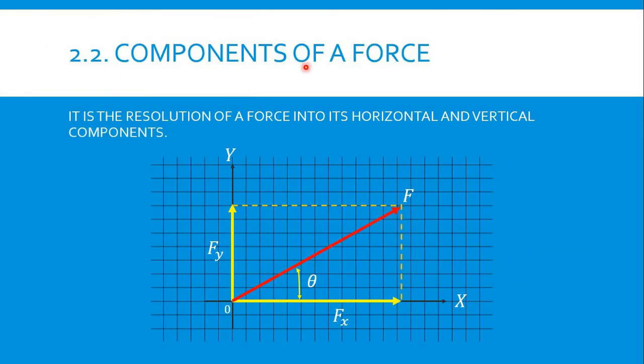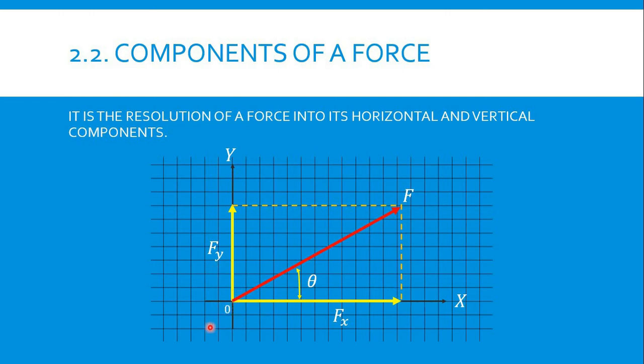So, component of a force is the resolution of a force into its horizontal and vertical components. As you can see here, this is the diagram of the components of a force. The vertical arrow is represented as F of y, or the force in the y-axis.